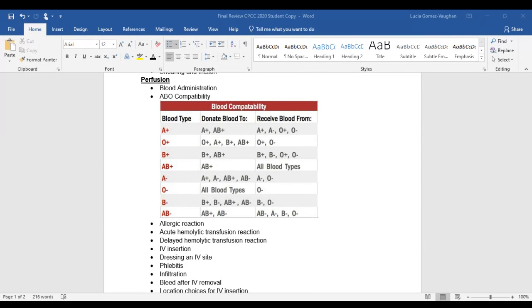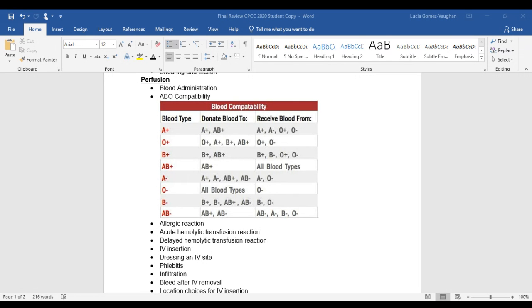Delayed hemolytic reaction occurs when the patient recipient develops antibodies to red blood cell antigens between 24 hours to 28 days after the transfusion. Symptoms are usually milder than an acute hemolytic transfusion reaction and even may be absent. Delayed hemolytic transfusion reaction is diagnosed with laboratory testing.